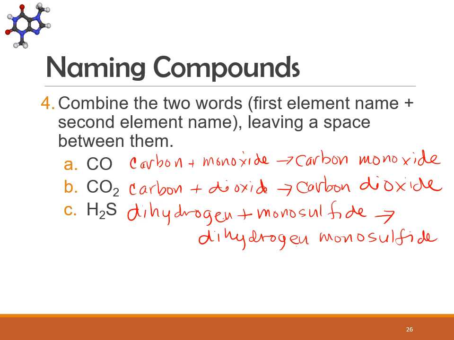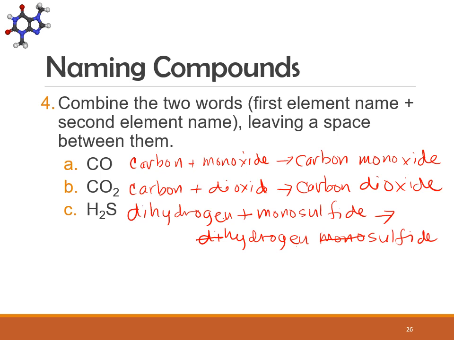Note, however, that dihydrogen monosulfide is not used as a name for H2S. Instead, we simply name it as hydrogen sulfide. This is because there are no other HS molecule that can be confused with H2S.